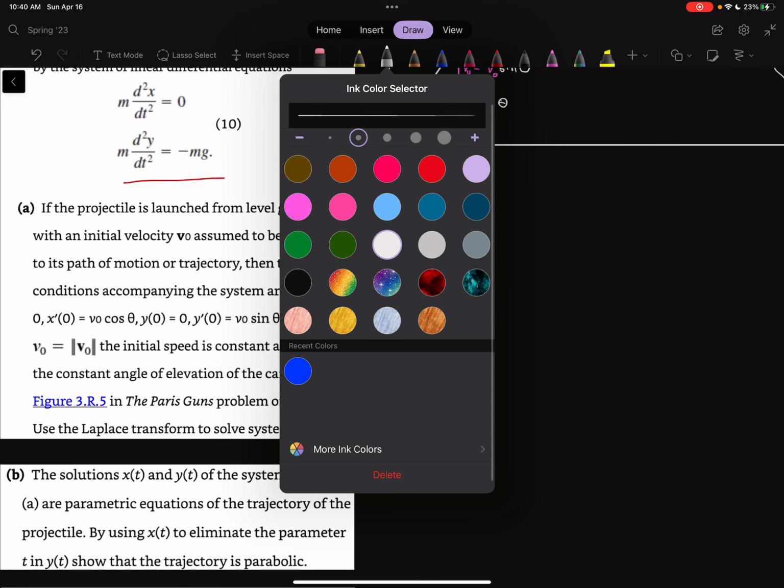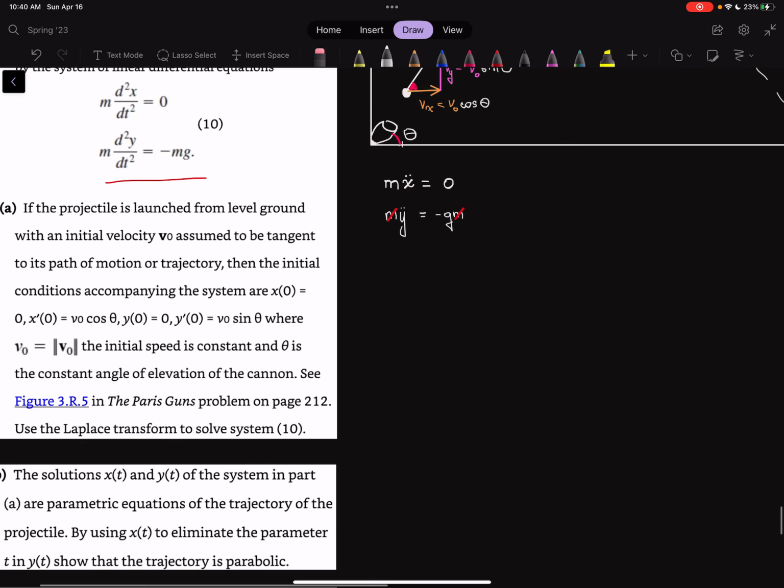Now they're saying to solve this with Laplace.